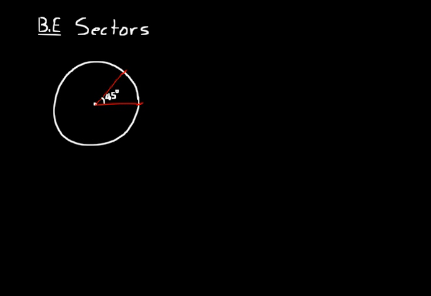The area enclosed between the two radii is called the sector. If that was a piece of pizza, the section between the two radii, you could take that out. That would be the sector. The crust of the pizza, along the edge of the circle, that's the arc.